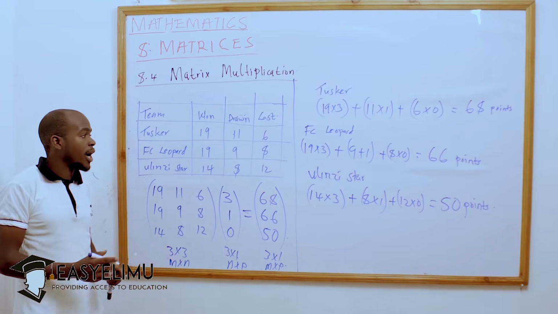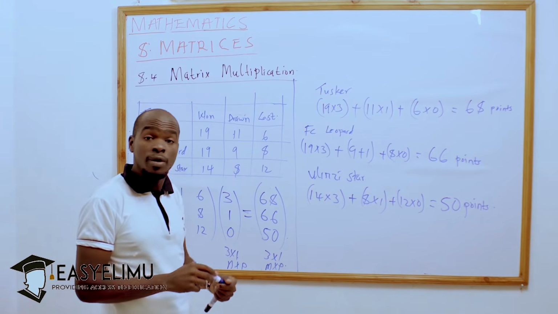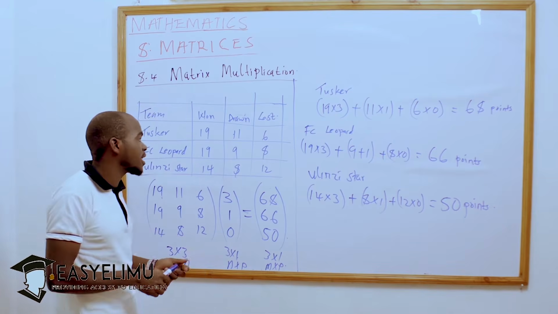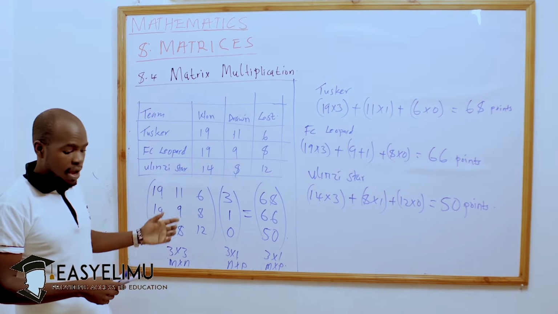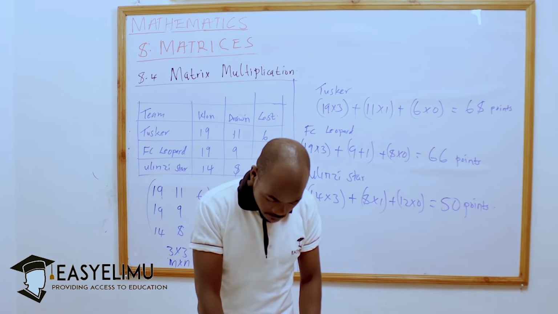So that is how we work out, and we can see how you can use it to compute different kinds of problems and give out solutions if they are related to what we have done here. We shall see much more of them as we go on.